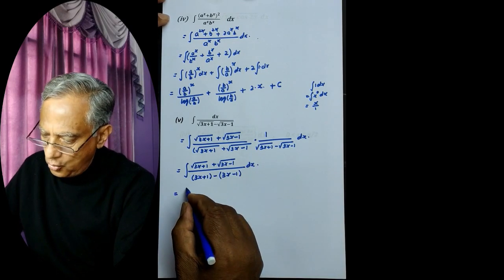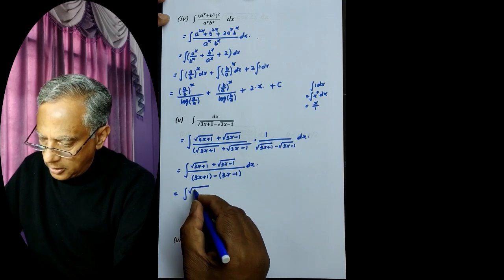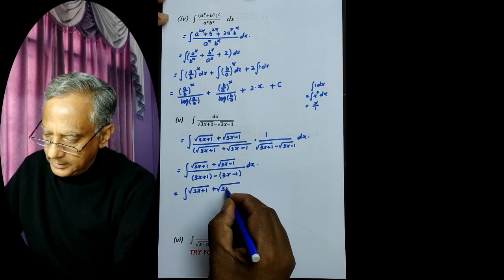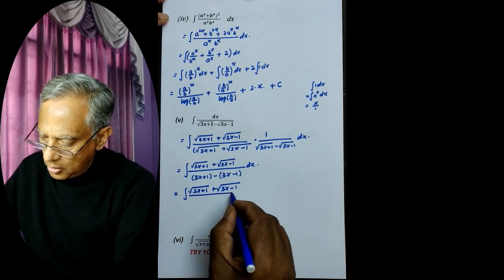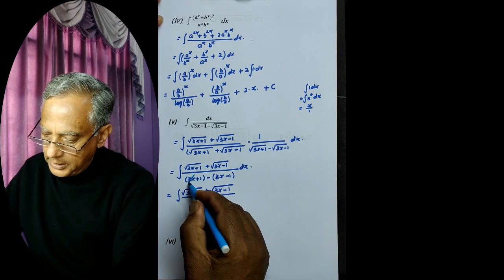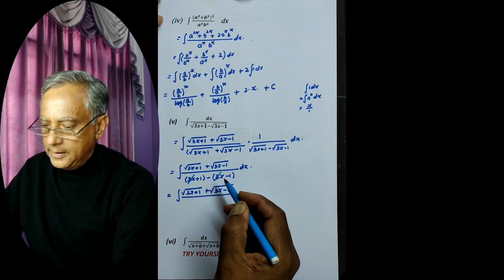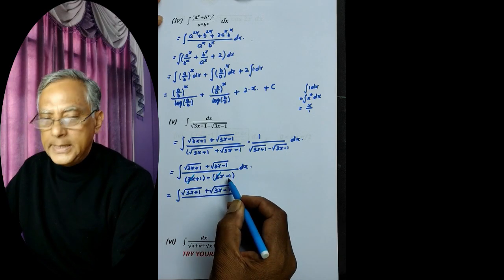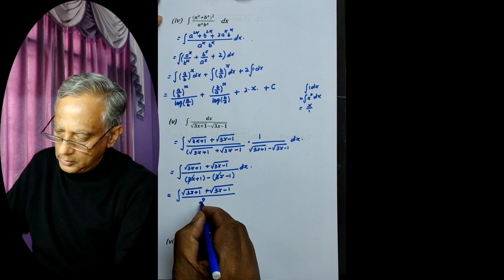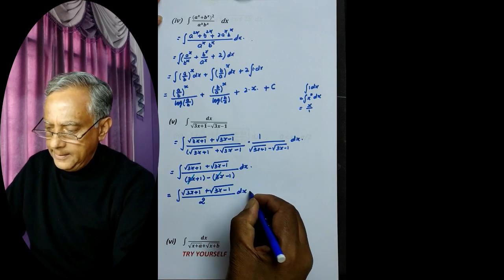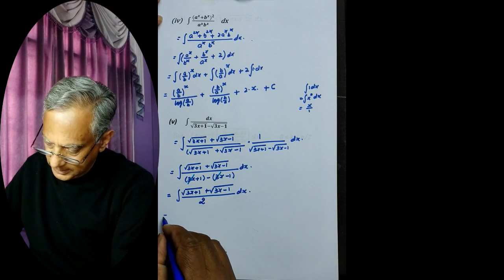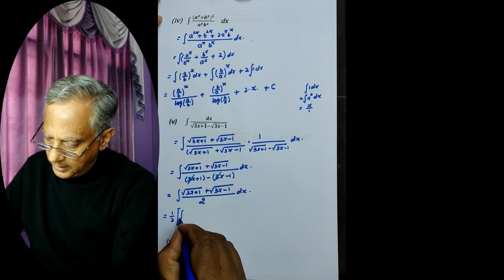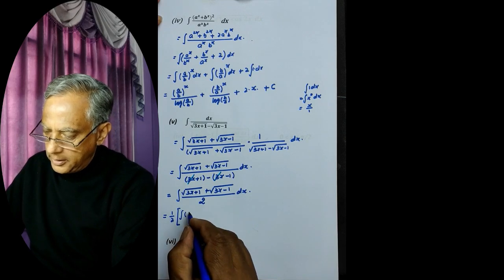And this is equal to the integral of root(3x+1) plus root(3x-1) whole divided by this, 3x cancels with this, and we get 1 plus 1, 1 plus 1 is 2, dx.